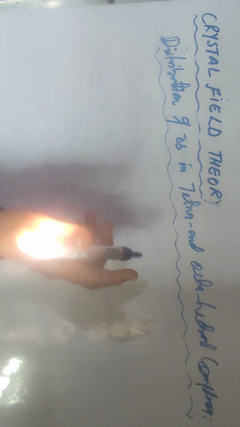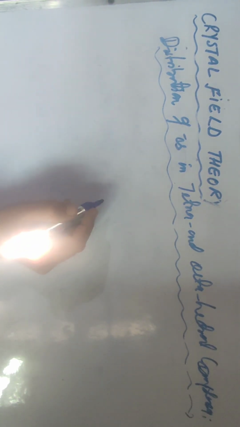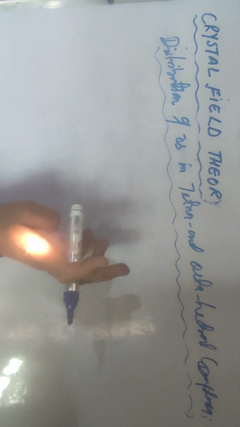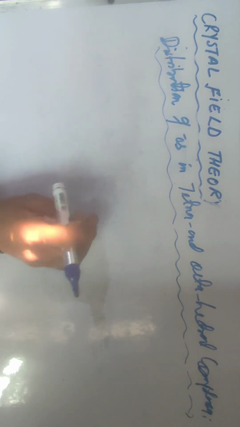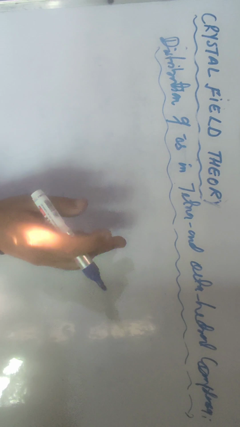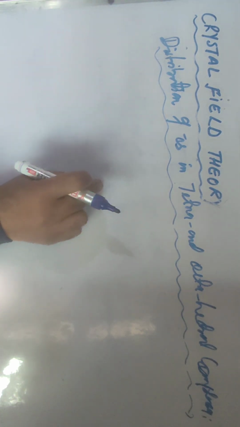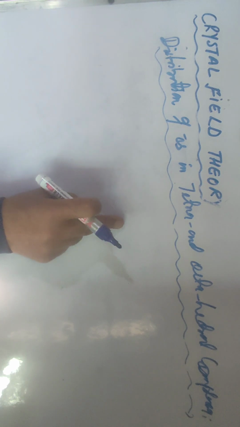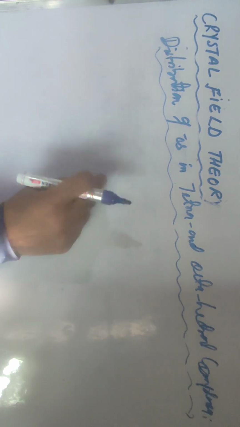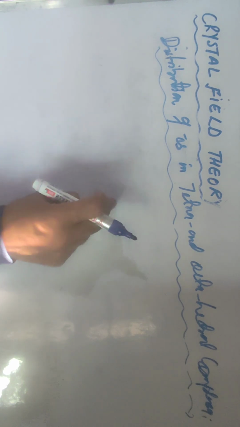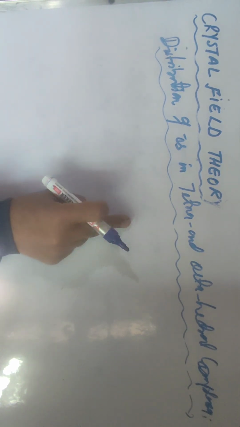Since the electron will prefer to be in the lowest state of energy, a strong ligand will pair electrons in the set of orbitals having lower energy, whereas a weaker ligand will prefer to have electrons in both t2g as well as eg.